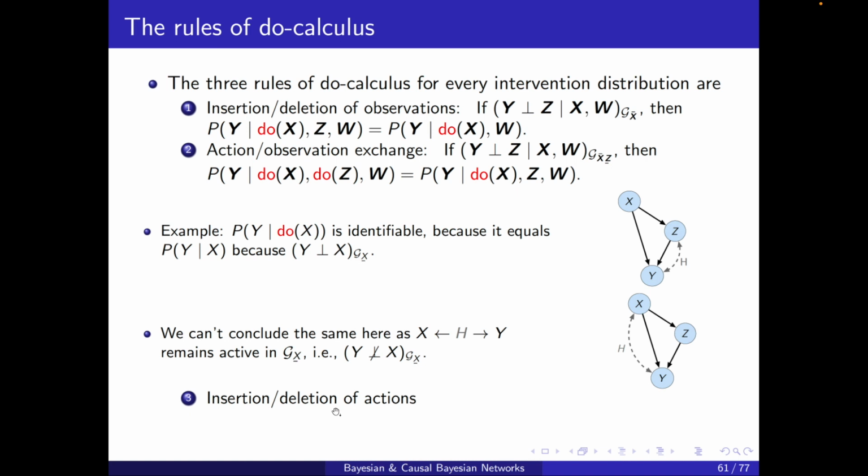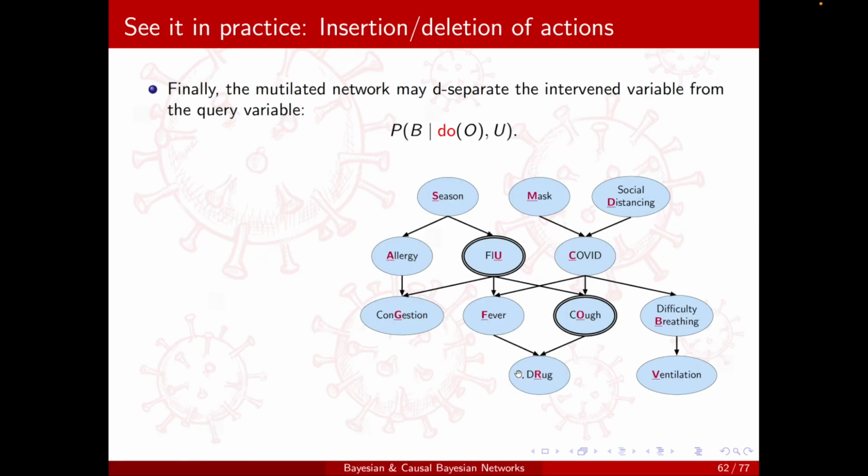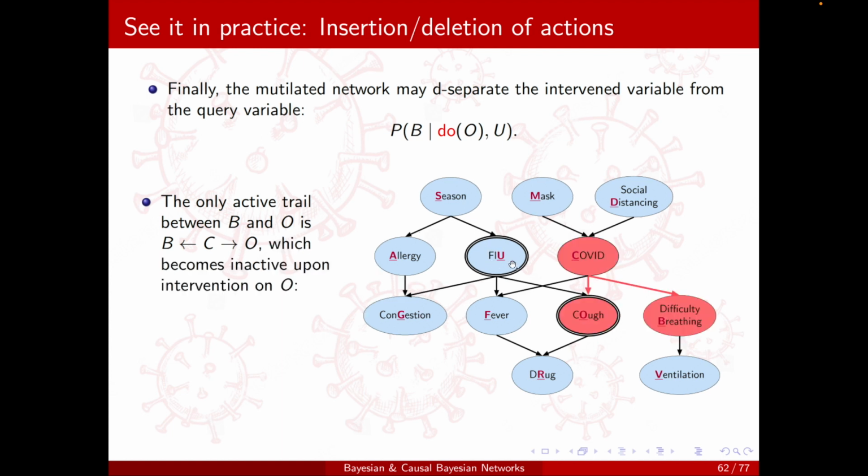The last rule is insertion and deletion of an action. To cover that, we consider this causal network again, and here's our intervention query. This time we have B given do of O, cough, and we observe U. The active trail from B to the intervention variable, difficulty breathing, goes to COVID and from there to cough.